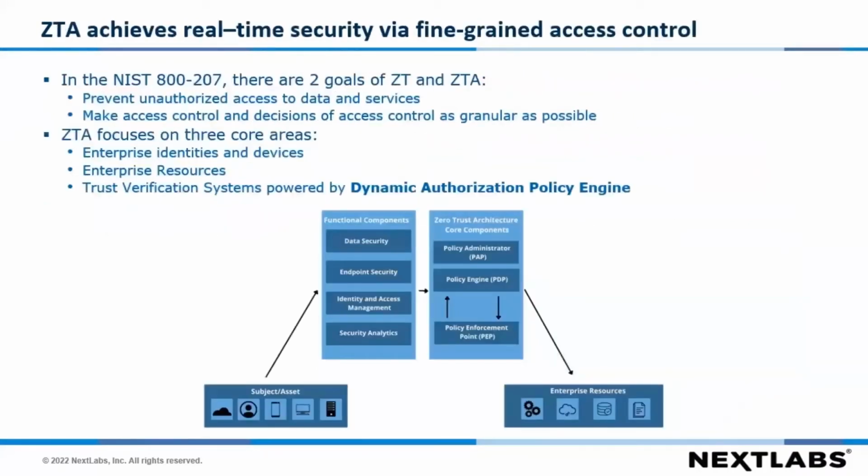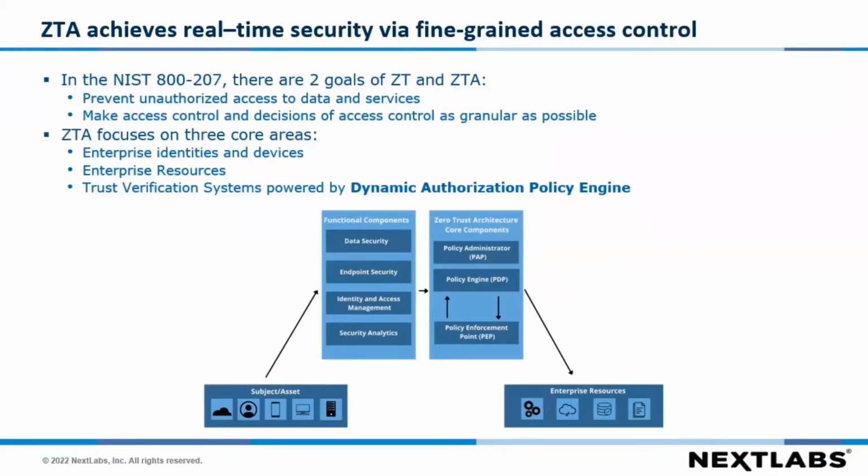Going into a little bit more detail, in NIST 800-207 there are two goals of zero trust architecture. One is to prevent unauthorized access, but also to make that access control as granular as possible, and those decisions for access as focused as possible on the data that needs to be protected.